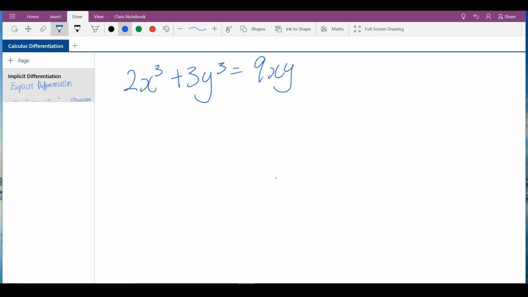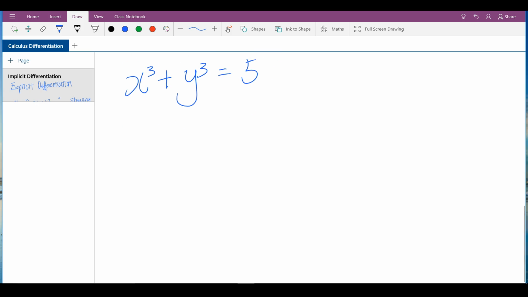Okay, so let's make another example, something easier, like that. Now I know some of you smart people would say, well, I can make y the subject on this one. You can just do y cubed is equal to 5 minus x cubed, and then y is equal to the cube root of 5 minus x cubed, and I can differentiate that.